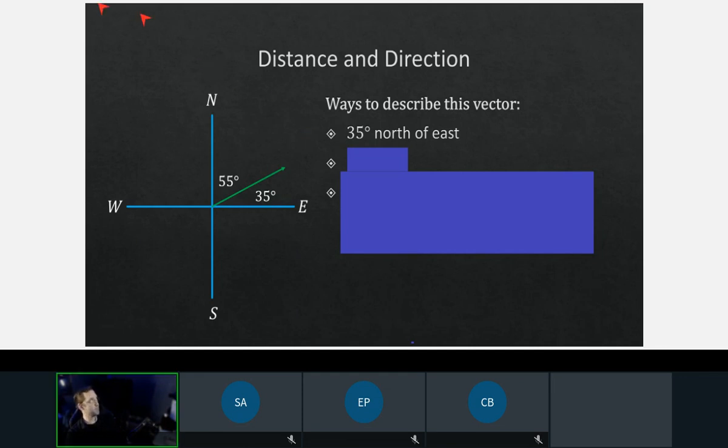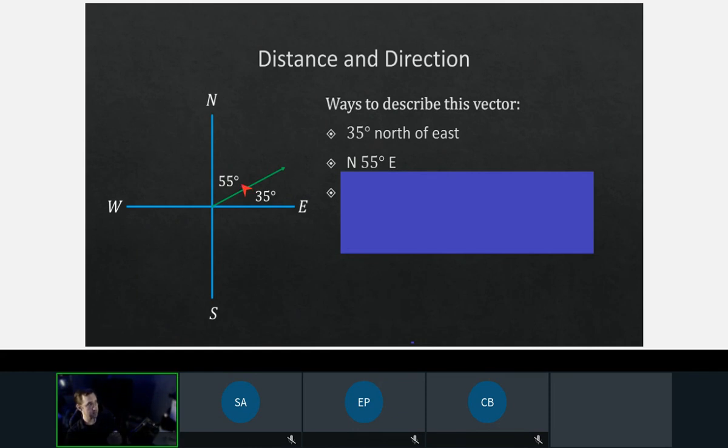The next way to represent the direction is north 55 degrees east. The way this works is north and east, right? This vector is between north and east. North is first, so from north, you rotate from this vertical axis 55 degrees in the east direction.